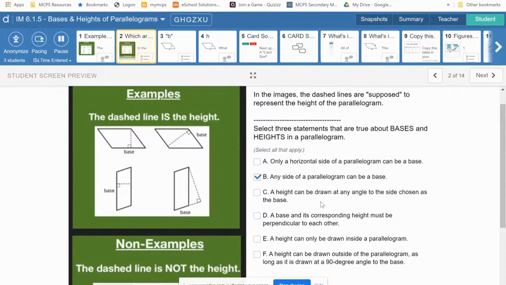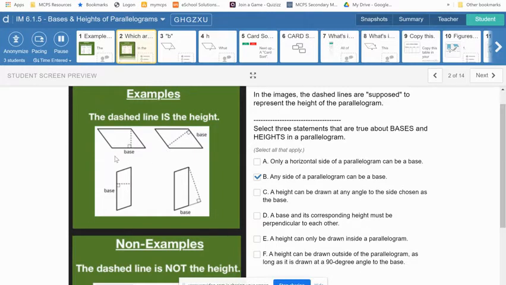A height can be drawn at any angle to the side chosen as the base. Okay, so they're saying the dashed line is the height at any angle.